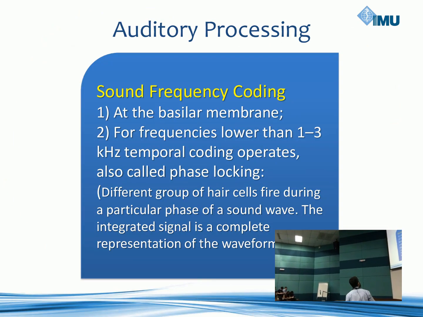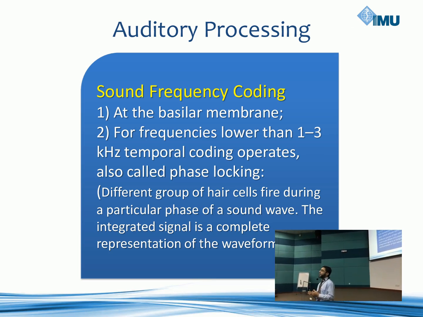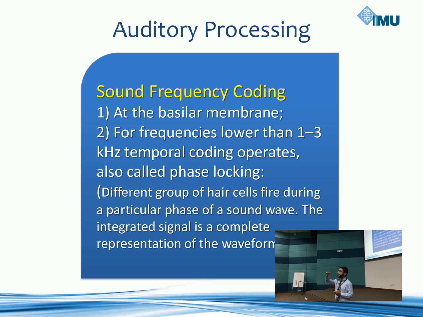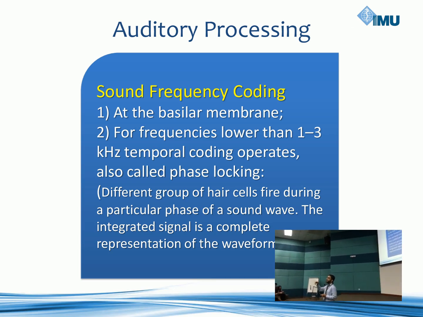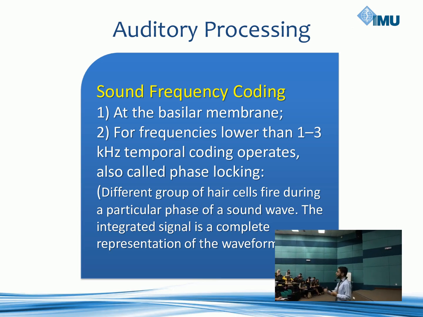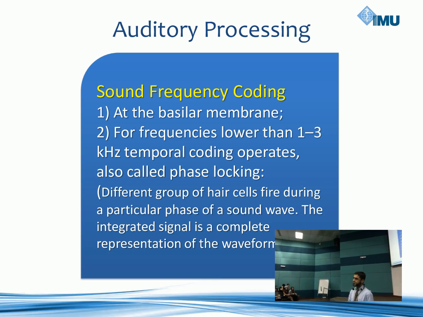Okay? When you look at the auditory processing, one thing I told you about the basilar membrane, so frequencies can be decoded based on which part of the basilar membrane vibrates the most, number one. There's another level to it. If you look deeper, this is known as phase locking.